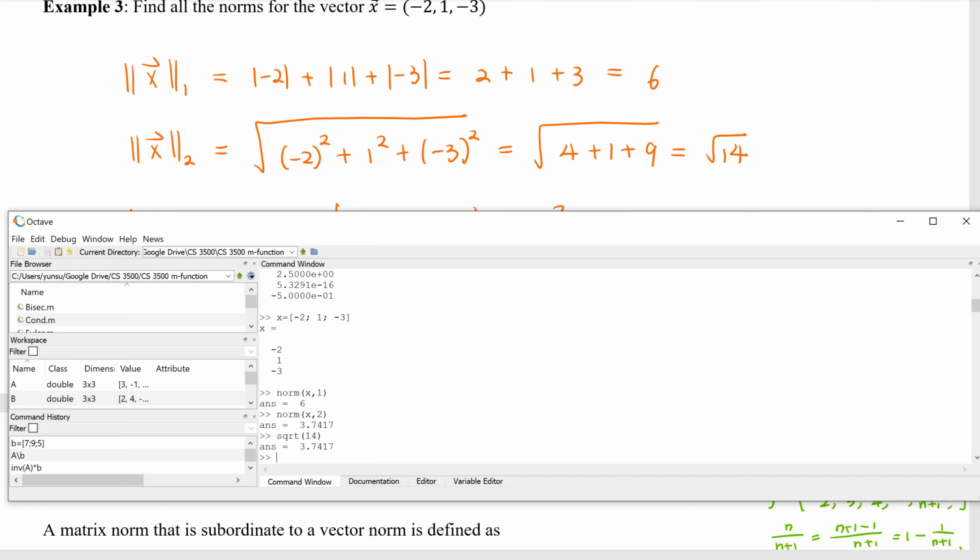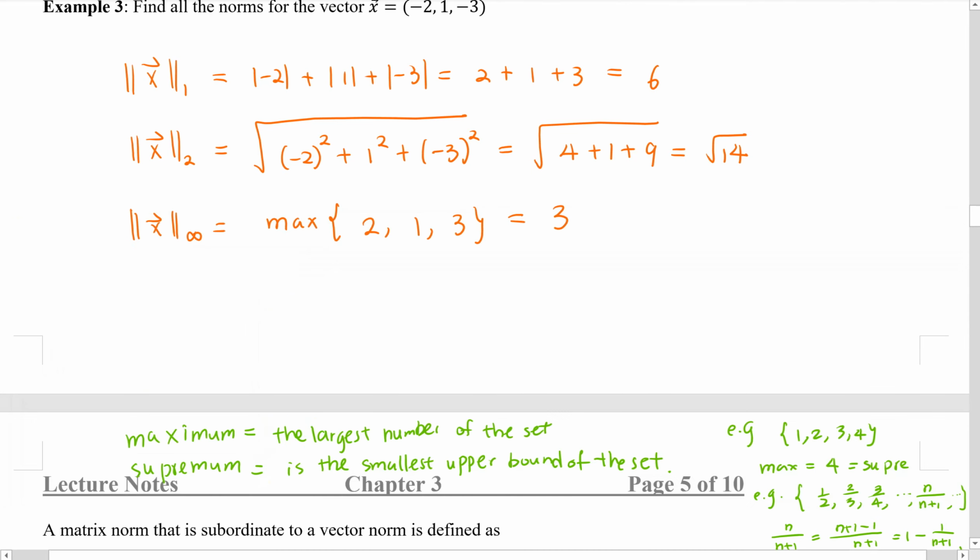Okay, and norm of x infinity, so INF, we get 3. Do we get 3? Yes. See, our answers match. So just remember, when you want to compute a vector norm, you want to input a column vector. You don't want to input a row vector. If you input a row vector, then the L1 norm and L infinity norm will flip.